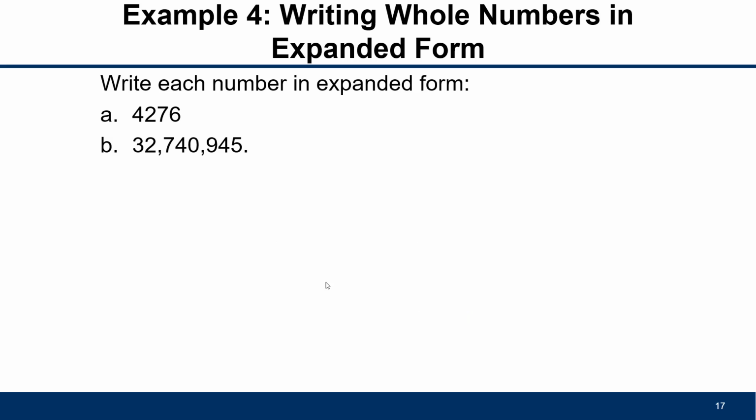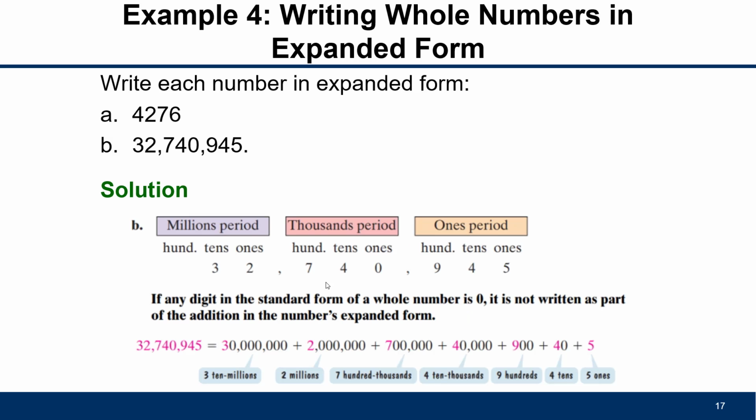We can do it again for part B. Put everything into the place values, right, into the period parts. And you have to realize that if you have a missing digit, like for instance, we have a 0 there in the 1,000s place, you don't want to add 0.